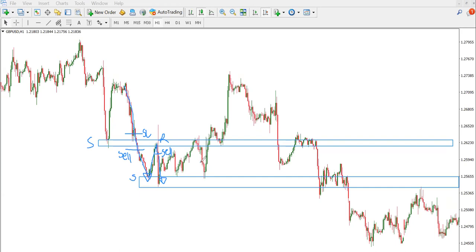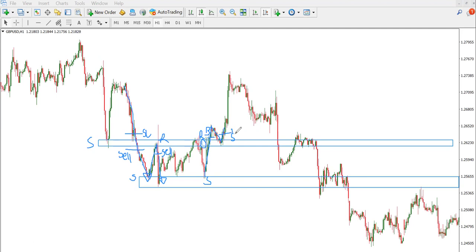Same applies when we break through resistance. So this is a resistance area. There we have our support here. Price moves up, breaks resistance. You would either buy on the break or wait for price to come back to test this level as a newly support area.